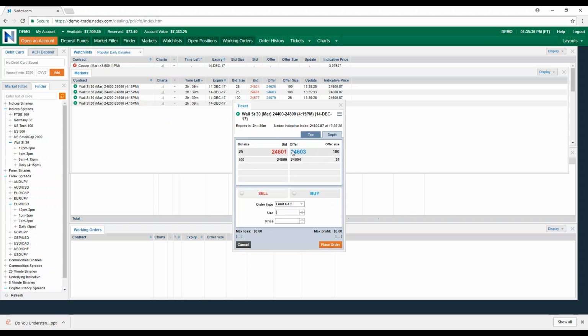This particular spread is kind of right in the middle, right? It goes from 24.4 to 24.8. I can buy one. My max loss is $203. My max profit, $197. So I'm risking about 200 to potentially make 200.